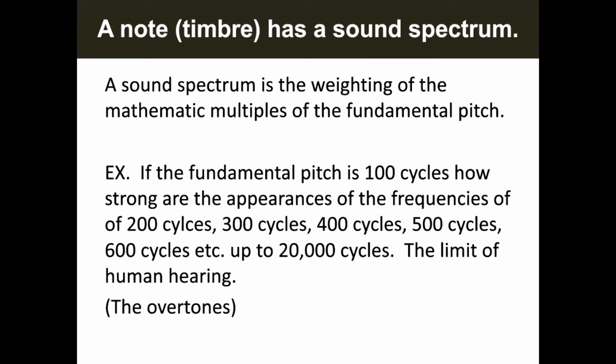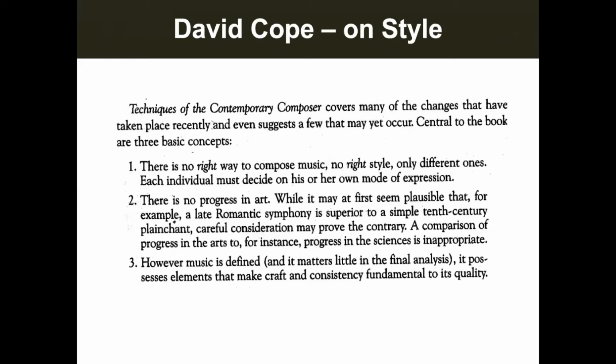This is interesting, and it's from a music theory book. And here is what I think is really cool. Number 2, he says, there is no progress in art. While it may at first seem plausible that, for example, a late Romantic symphony is superior to a simple 10th century plain chant, careful consideration may prove the contrary.